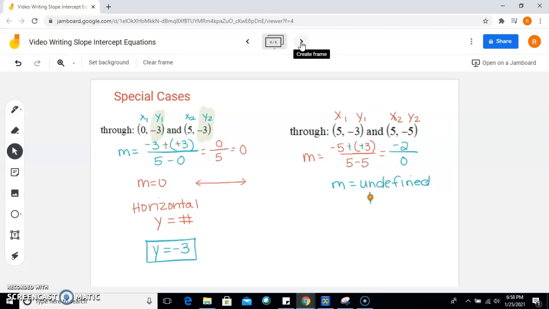Now, we know that a vertical line has an undefined slope. Vertical lines pass through the x-axis. So if it is vertical, it's going to be x equals a number. And if I look back at my 2 points, my x values are the same. So my equation is going to be x equals 5.